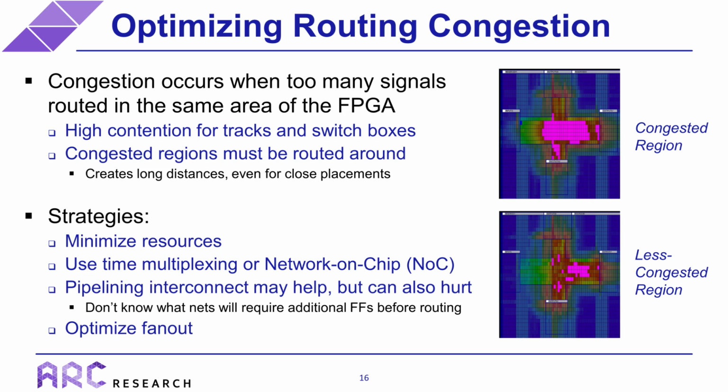With this strategy, communication bandwidth may shrink compared to directly using the FPGA interconnect, but it also may have much simpler routing requirements. As long as your application can tolerate this reduction in communication bandwidth, then this becomes an effective optimization for getting rid of routing congestion.